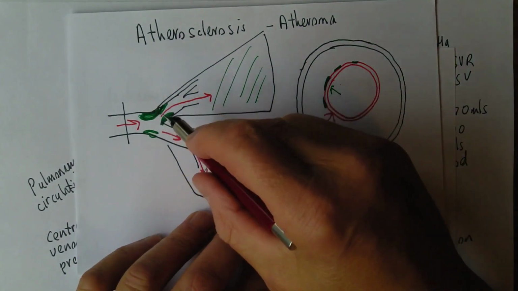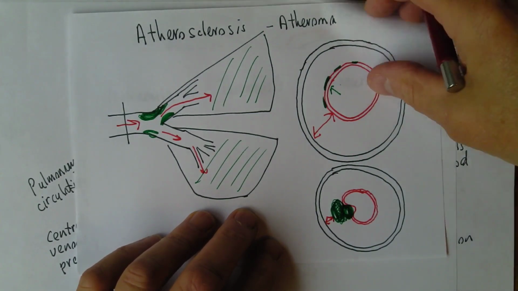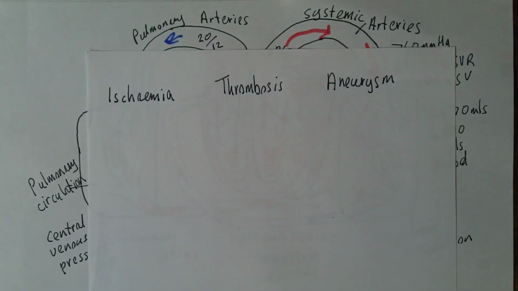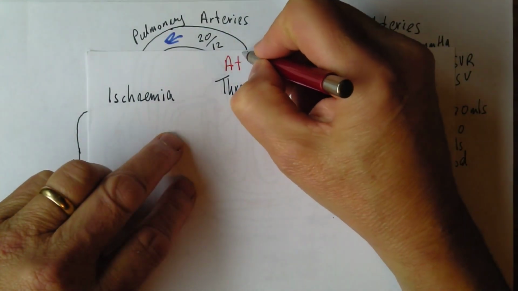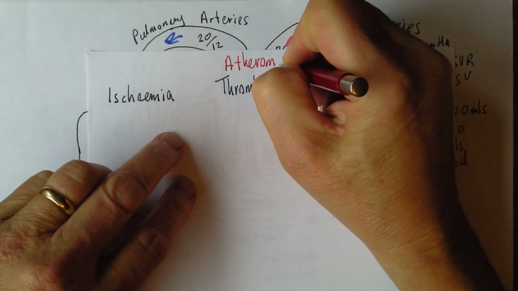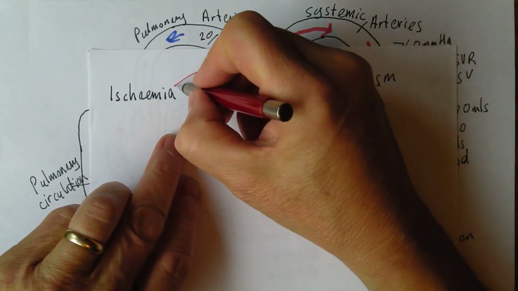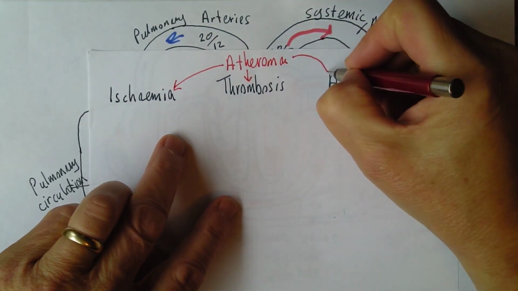So we get a weakened wall with less supply of oxygenated blood getting through. Now, the ischemia, so these are all caused by atheroma. The atherosclerosis. So the atheroma, the atherosclerosis, a complication is ischemia, a complication is thrombosis, a complication is aneurysm.